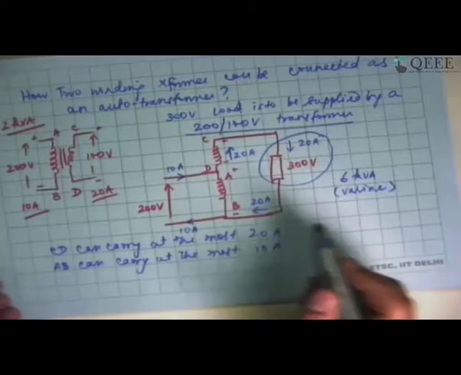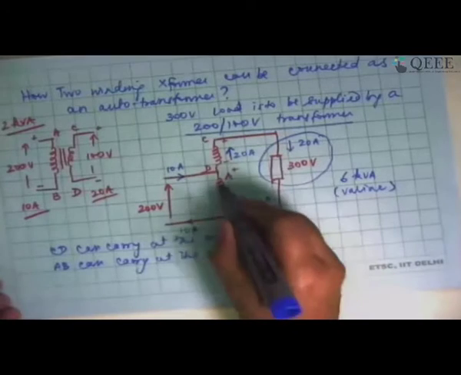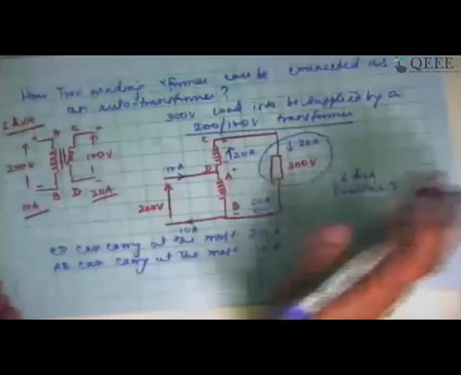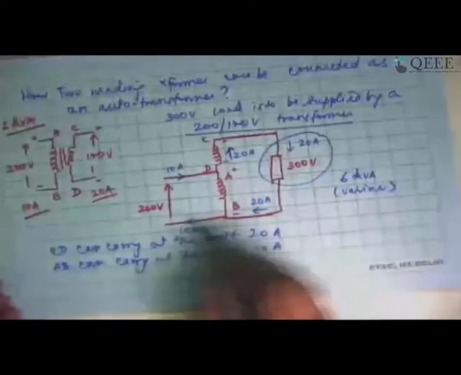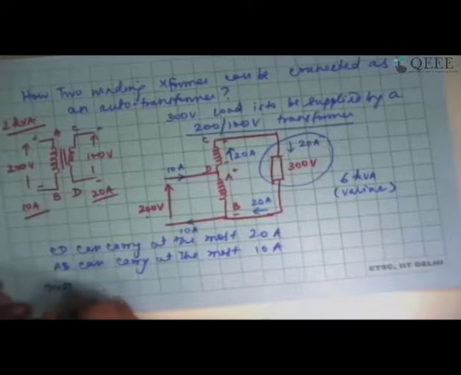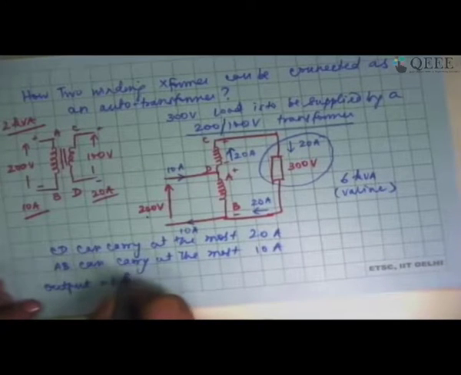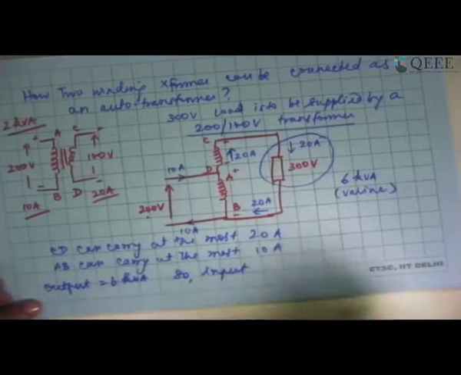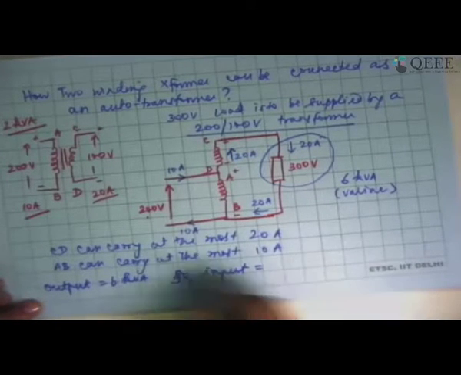Now if 20 amperes are flowing like this and I don't want AB to carry more than 10 ampere, I have to think how I will distribute the current. This is 6 kVA. So obviously the input also has to be 6 kVA. So output is 6 kVA, so input is also equal to 6 kVA.